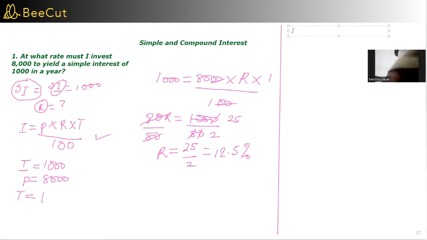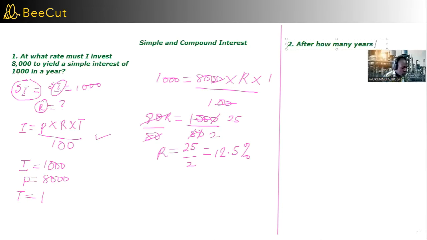So, question 2 there. After how many years will 24,000 naira yield a simple interest of 4,000 naira at 8% per annum.